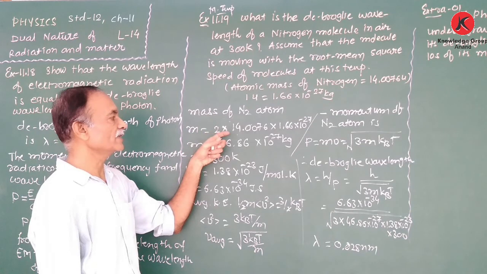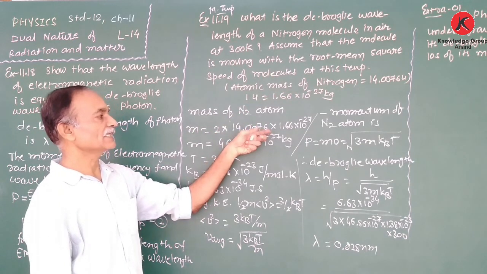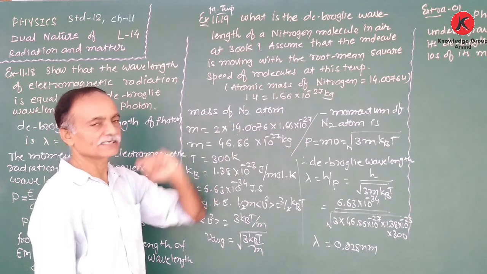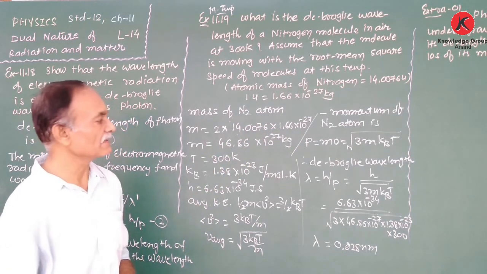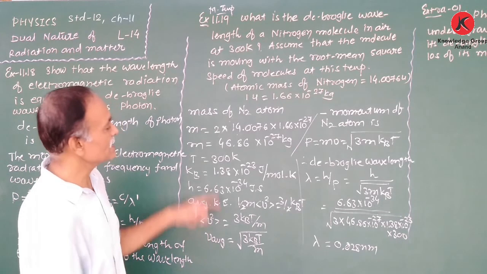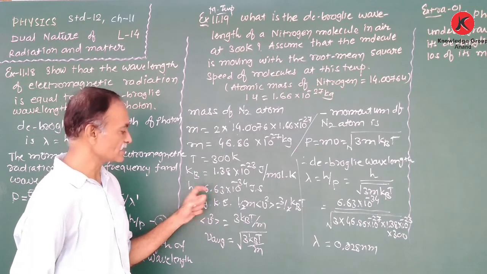Therefore, the mass of the nitrogen molecule is 2 into the atomic mass unit in kg, so 46.86 into 10 to the power minus 27 kg. Temperature is given as 300 Kelvin, and we take the Boltzmann constant and Planck's constant.